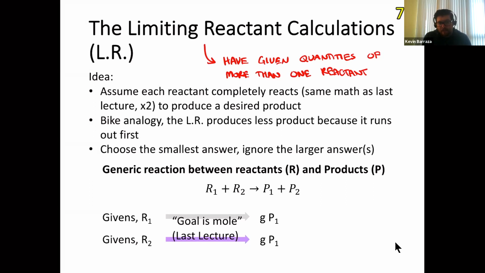It's not just how much do I make from this one. It's we have this much of A, this much of B. What are we going to make? So we have given quantities of more than one reactant.